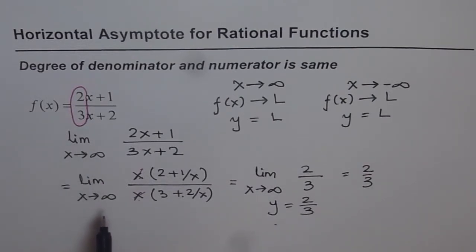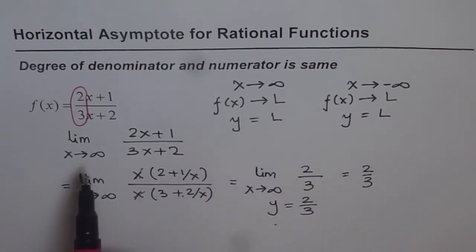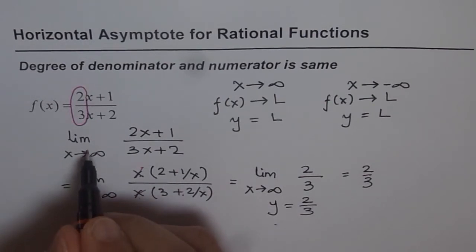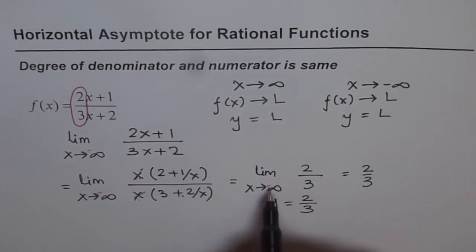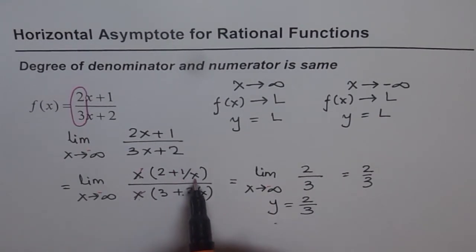Now you can do the same process for x approaching minus infinity, right? So if I replace this with minus infinity, let us say we do it right here without making much change, exactly the same process, but this time approaching minus infinity. Even then, 1 over x, if x is approaching minus infinity, will be 0, correct?